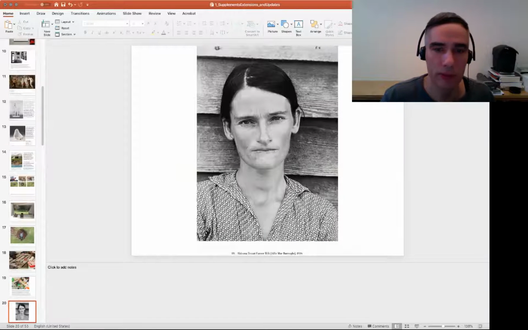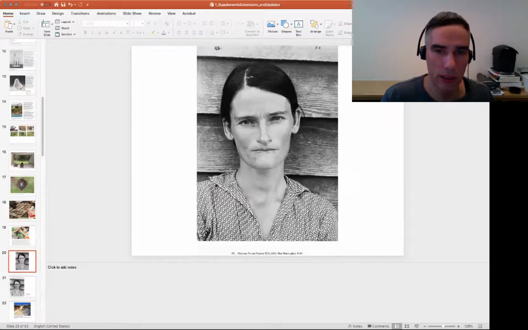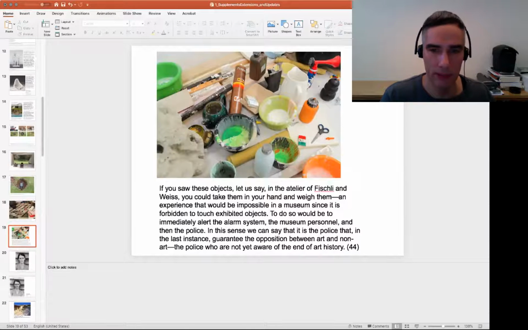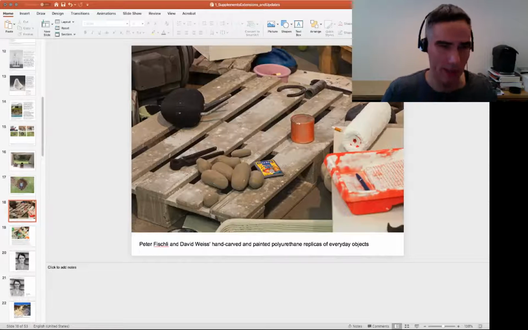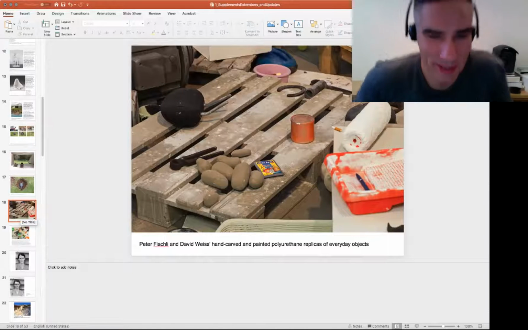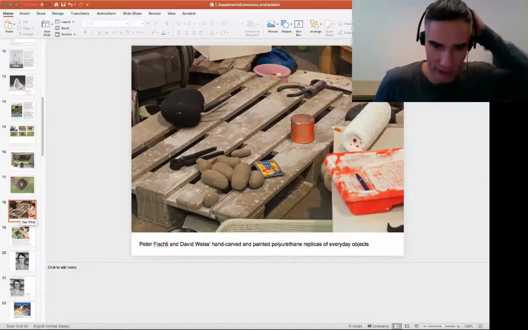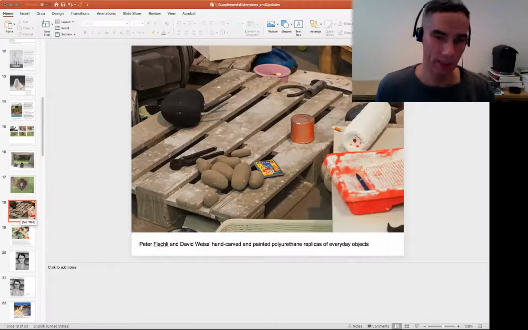I'm going to show a couple more slides because you don't get many actual illustrations in this text, so it's good to see the objects that he's discussing. These are the hand-carved and painted polyurethane replicas that Fischli and Weiss are known for.